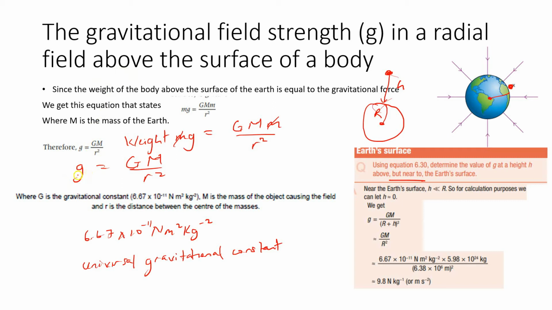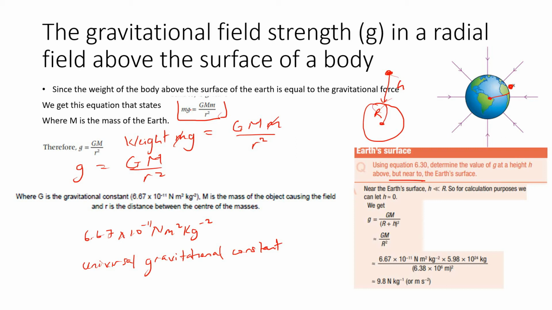Since I know that the weight of a body above the Earth's surface is equal to the gravitational force, then by equating both things, I would get that mg is equal to G times big M times small m divided by r squared, where big M is the mass of the object which is causing the field, right? So let me just restate that.